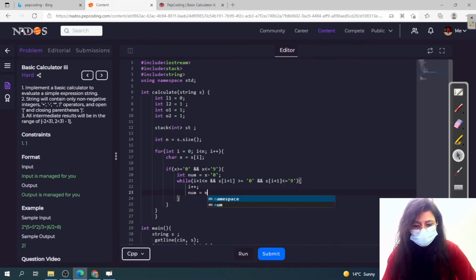Num equals num into 10 plus the new digit; this will complete the value.